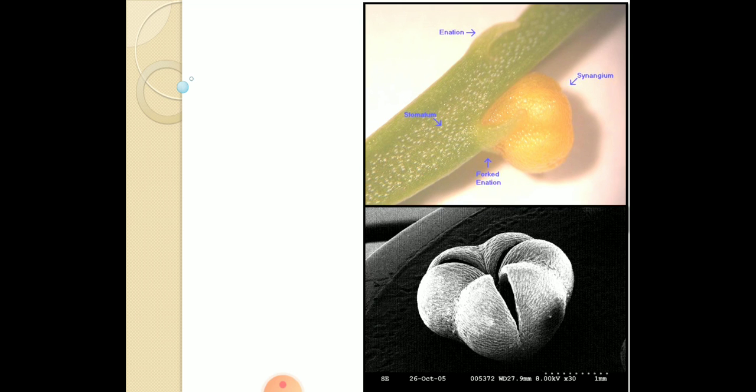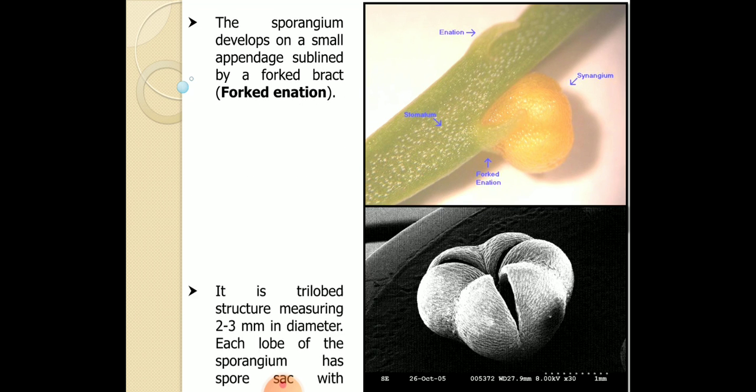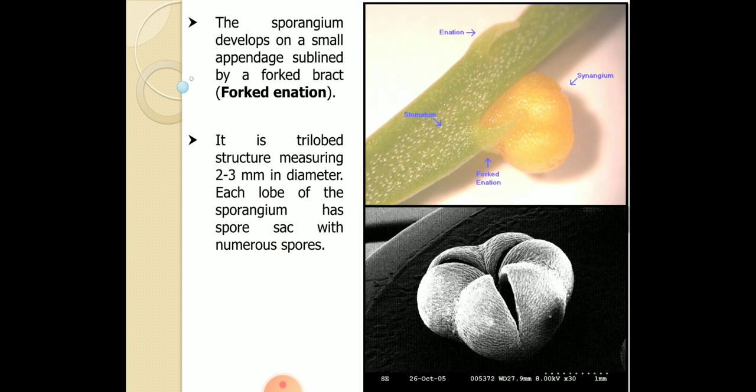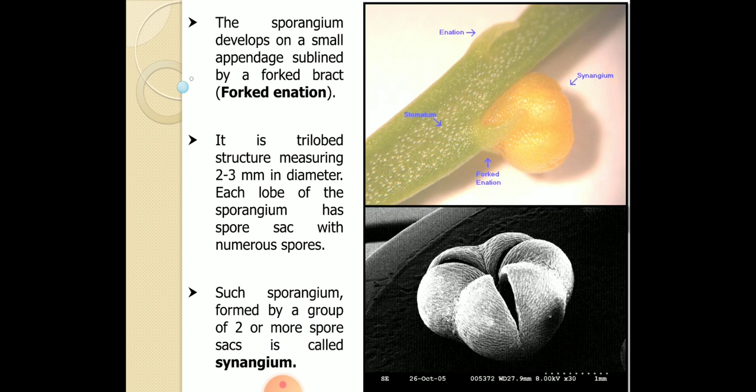It is a trilobed structure, and usually the sporangium develops on a small appendage, usually called a forked appendage. This trilobed structure measures 2 to 3 millimeters in diameter, and each lobe has a small sac that produces numerous spores.